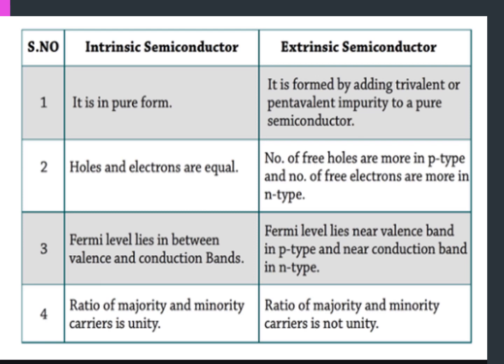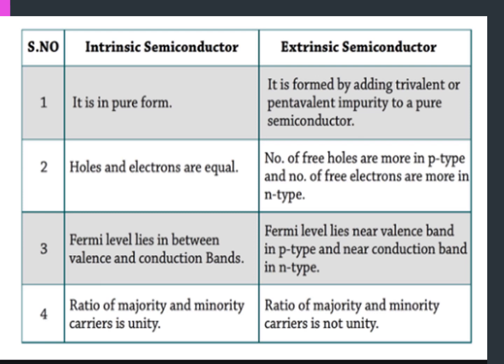In an extrinsic semiconductor, if it is a p-type semiconductor, the majority carriers are holes. Holes mean vacant space, which will be near the valence band. So the Fermi energy level will lie near the valence band for p-type, and for n-type it will be near the conduction band.